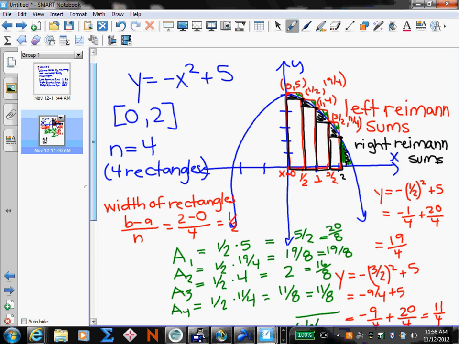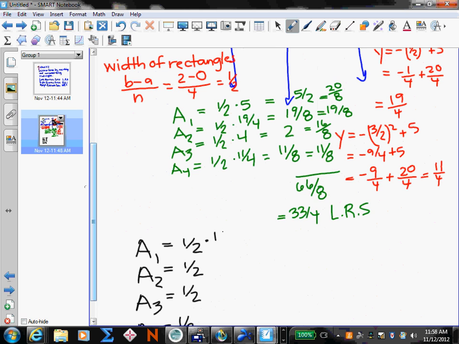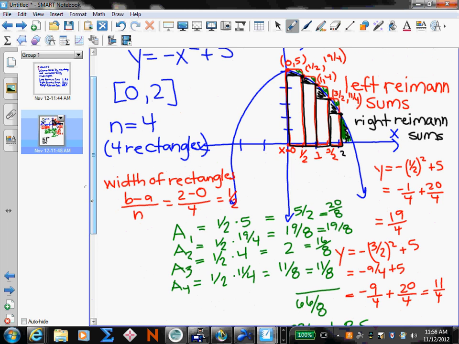Well, the y-coordinate is 19/4. So the height of my first rectangle is 19/4. The height of my second rectangle is 4, and then 11/4, and then I'm going to have to use this coordinate here for my last rectangle. So if I plug 2 in, I have a coordinate of 1. So that last height is going to be 1.